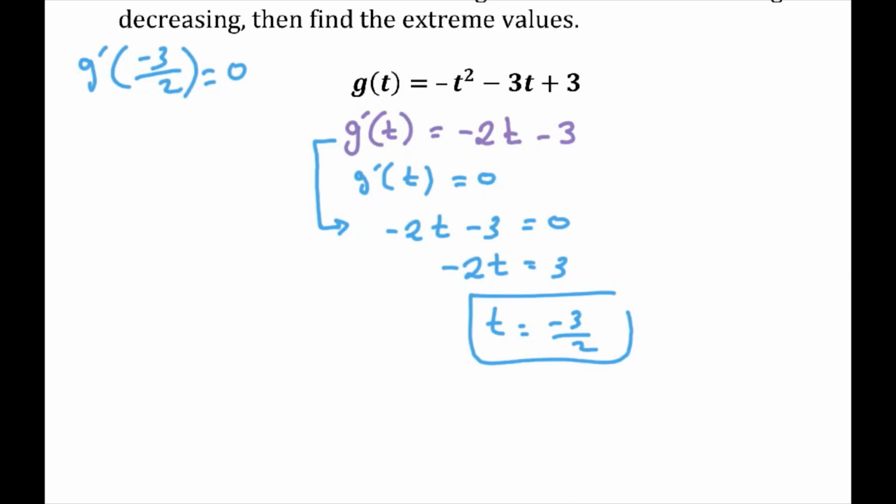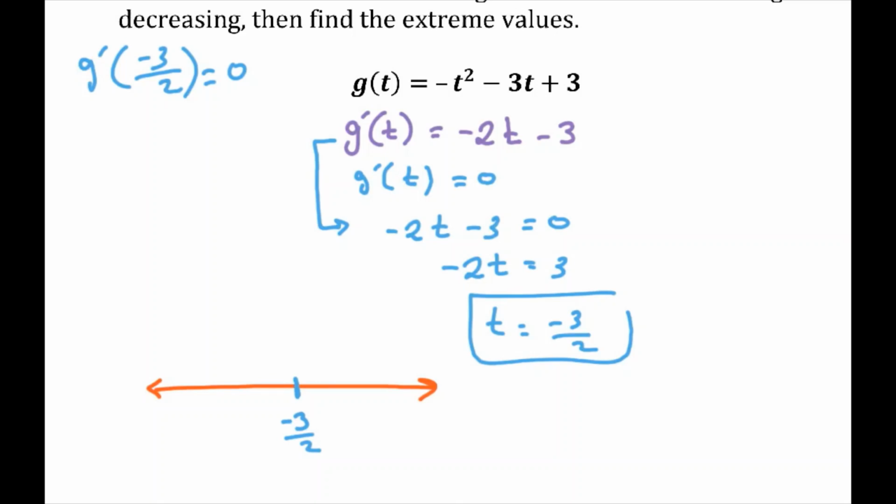Now I need to draw a number line to study the sign before and after this point, negative 3 over 2. So how do we study the sign? Well, we need to take any point in here. Let's take, for example, negative 2.